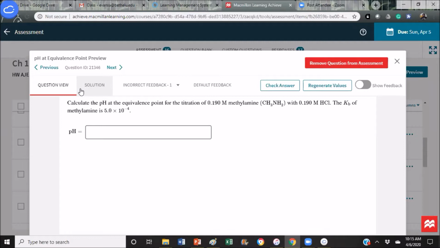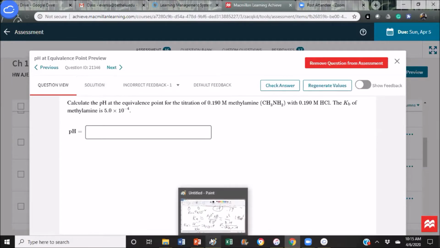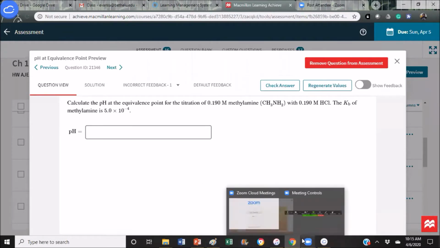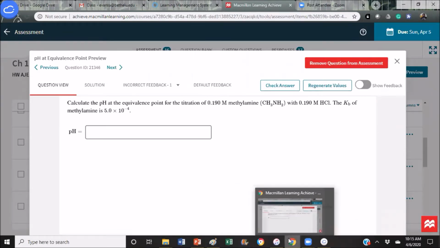Okay, the way they word this is stupid, but okay. Oh. 1.9 times 10. Okay, this is probably it. Now the way they do this, yeah, that's it. The way they do this is stupid because they don't make it abundantly clear how they're doing it.